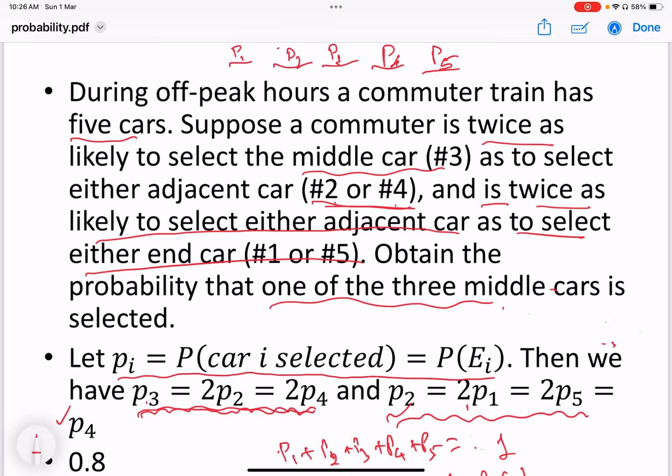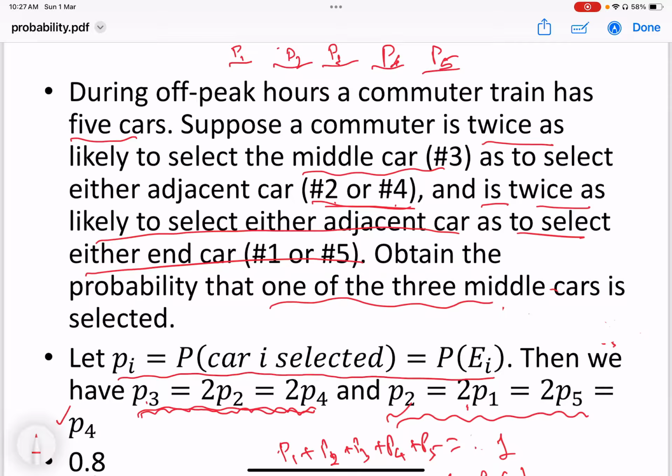and is twice as likely to select either adjacent car as to select either end car 1 or 5. So twice as likely to select either adjacent car, that means P2 and P4.